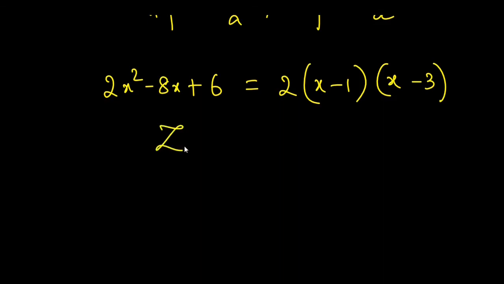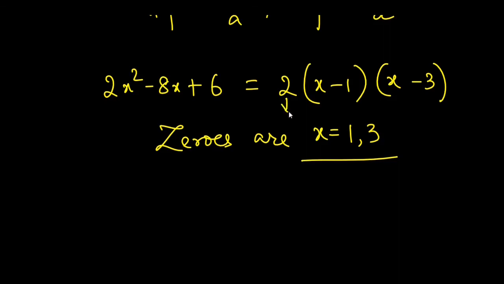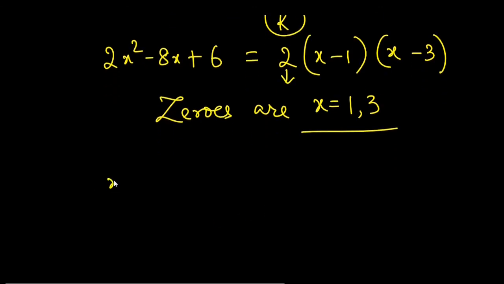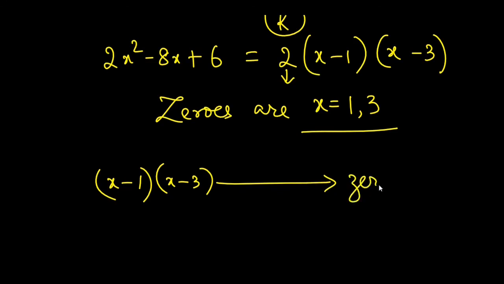So the zeros are x is equal to 1 and 3. So here we have got a factor, a multiplier. Let us say this is k. So even if we take x minus 1 into x minus 3 as our polynomial, we will have zeros 1 and 3.